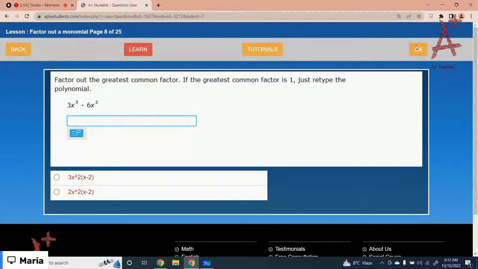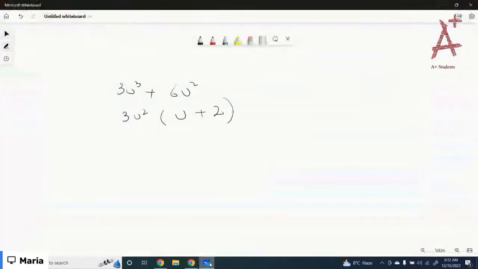Okay, the next one is 3x cube minus 6x square. Okay, which is a common number? We can take common 3 outside, got it? Because both the numbers are multiples of 3. And also you can take common the least power.